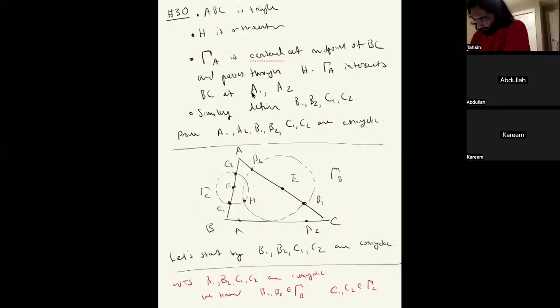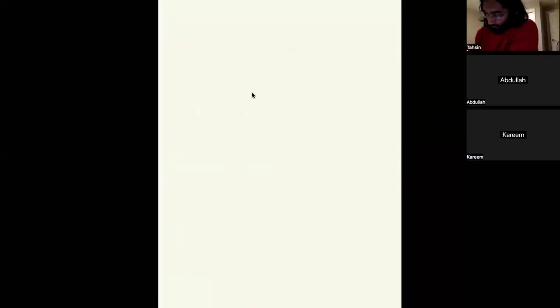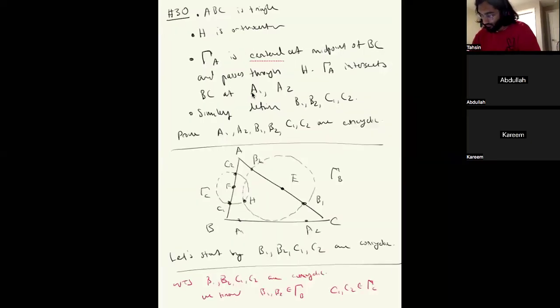So do you guys know this radical axis theorem? Yeah, but I'm not sure how we can prove that their intersection lies on... yeah, I wasn't sure how we can prove this. Well, so how would you use radical axis theorem here?